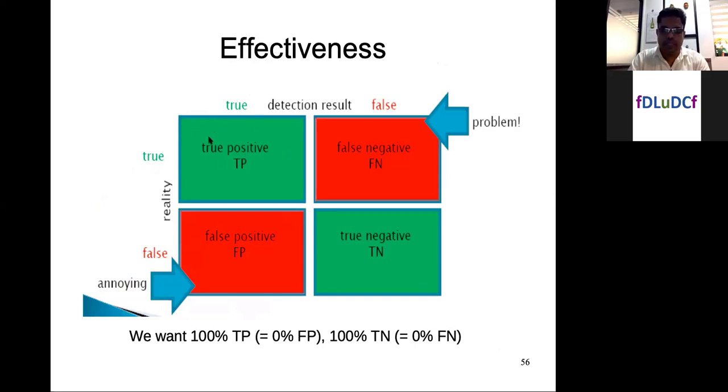So there is good traffic. Then we have true negative and false negative. False negative means the detection result is false, but the attack is real. They are not detecting it.